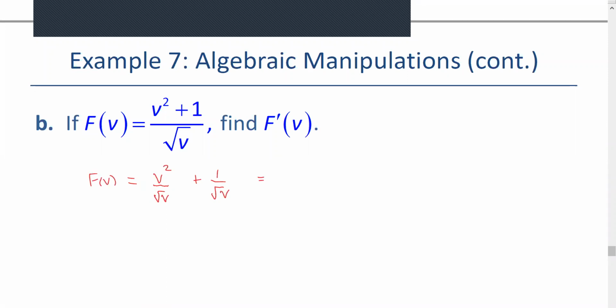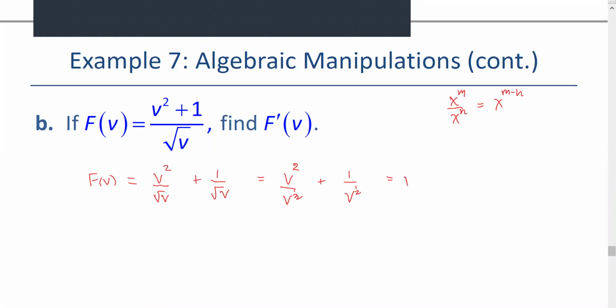And then rewrite it as one single power. The first term will be v to the second over v to the 1/2 plus 1 over v to the 1/2. Then keep doing similar way by using the property of the exponent, x to the power m divided by x to the power n equals x to the m minus n.